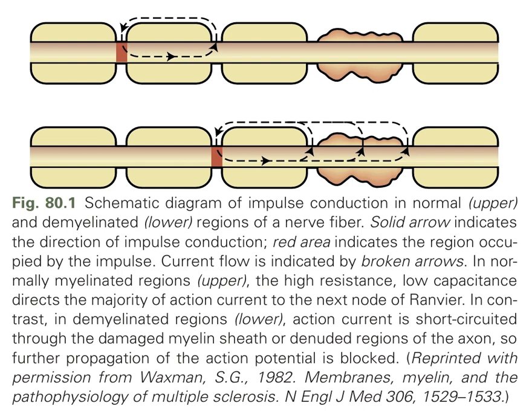Because the current is bleeding into the surrounding tissue, the electrical amplitude drops drastically. By the time it reaches the next intact node, the voltage is too weak to hit the threshold required to fire a new action potential. As the caption explicitly notes, further propagation of the action potential is completely blocked.